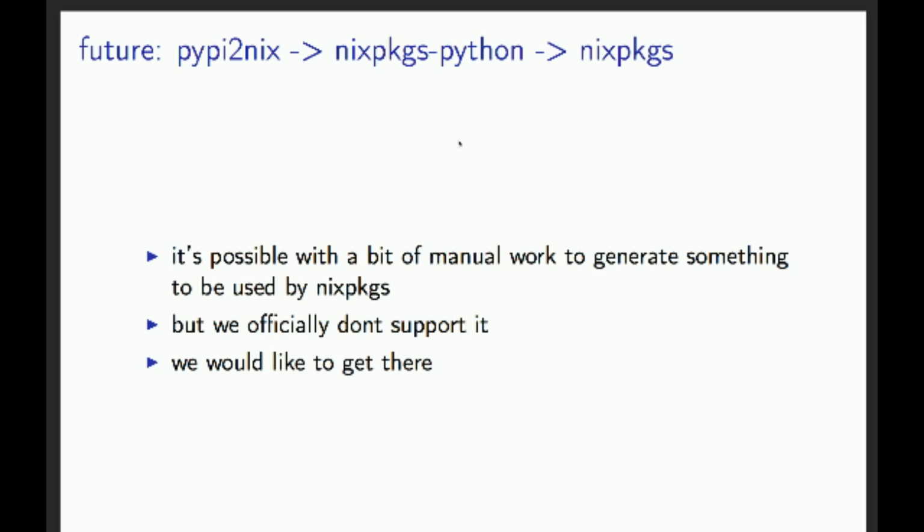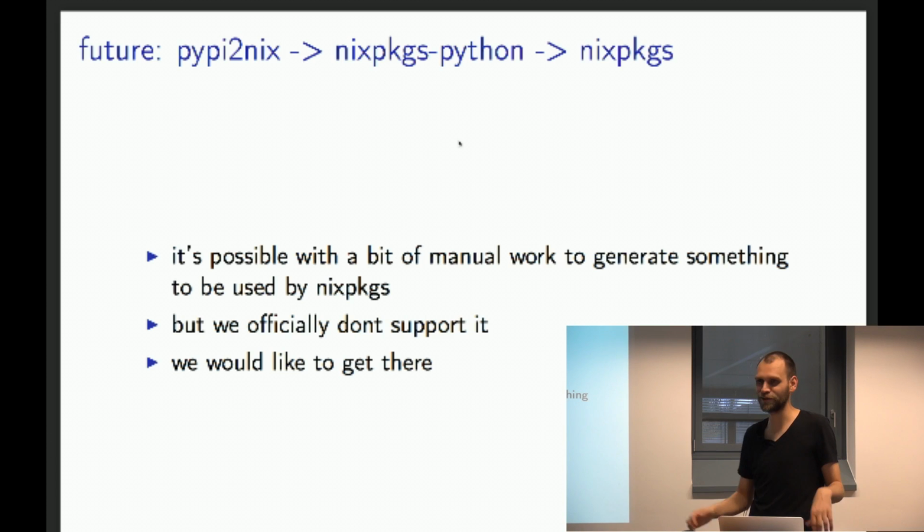In the future, we would very much like to use an automated tool in Nixpkgs to generate Python packages for basically end-user consumption, or for packages that need these as dependencies.